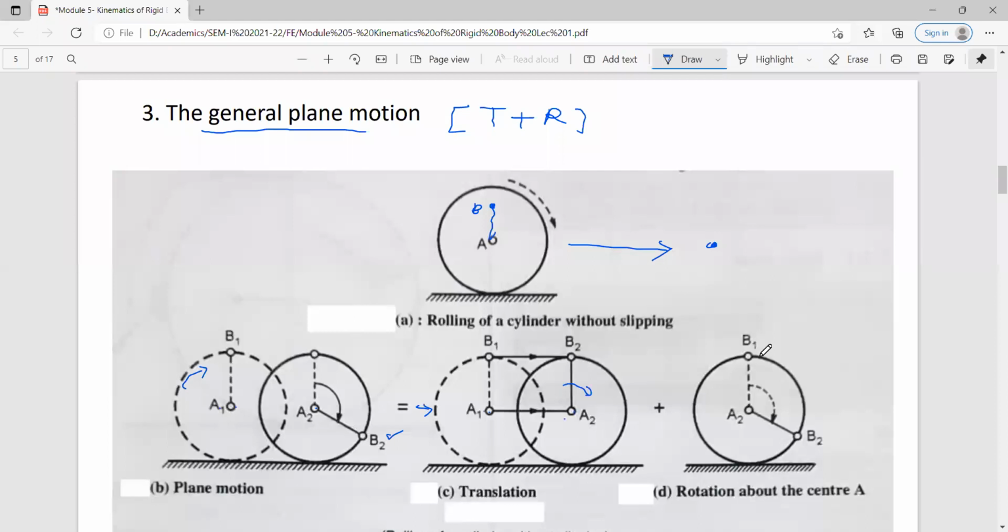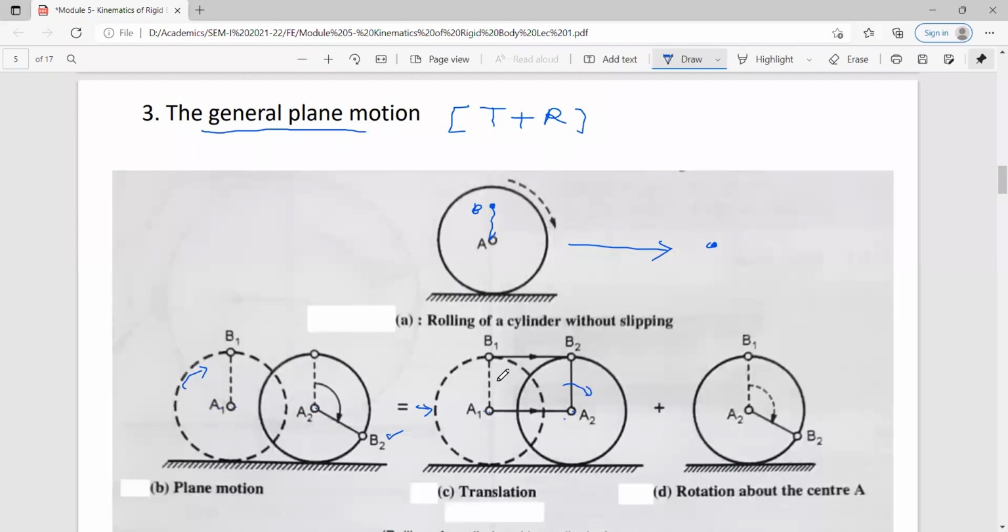So this B1 point will come to the B2 point when you rotate the cylinder about A2 and do not allow it to move forward. First you translated it here, and after that you just rotated it at that place. It is one example of general plane motion.